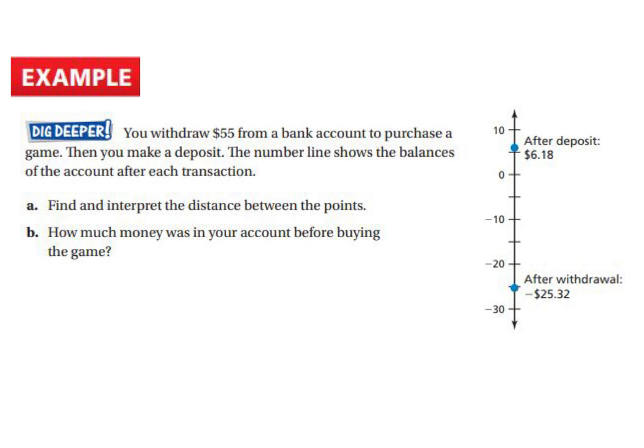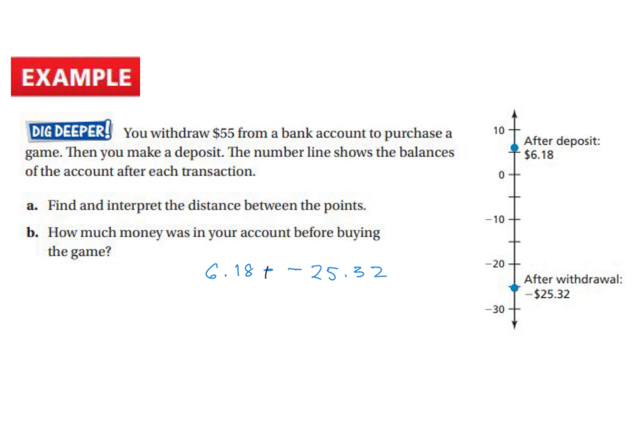For this example, we dig a little deeper. You withdraw $55 from a bank account to purchase a game, then you make a deposit, and the number line shows the balances of the account after each transaction. Find and interpret the distance between the points. So this is similar. To start out, we're going to take the 6.18 and we're going to take away negative 25.32.